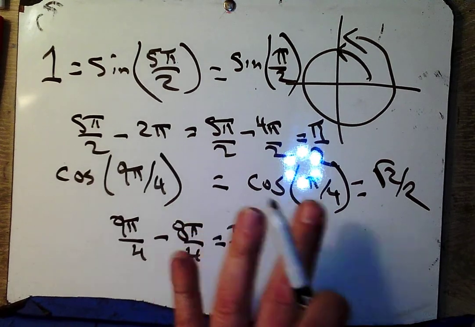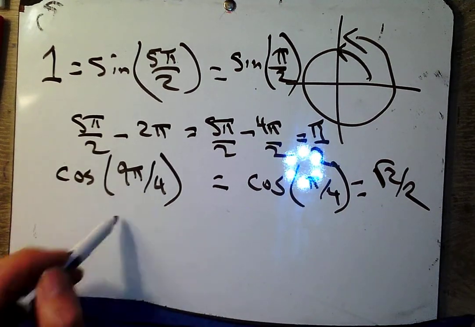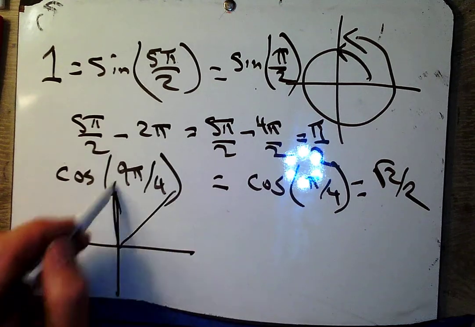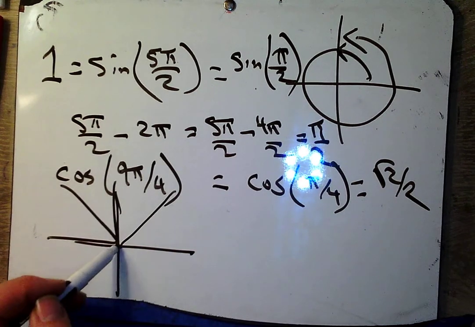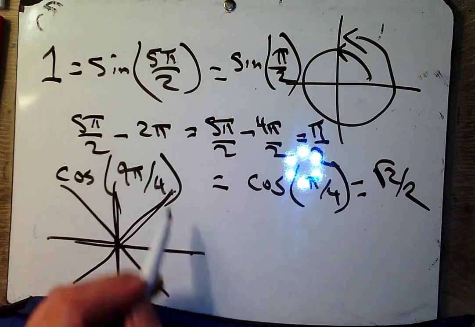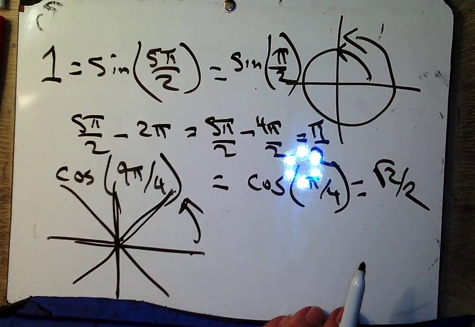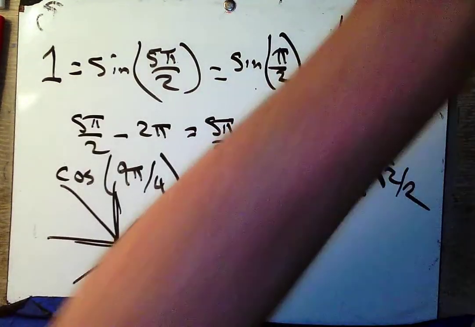The x value at pi over 4 is root 2 over 2. Okay, I mean, I could count them. 1 pi over 4, 2 pi over 4, 3 pi over 4, 4 pi over 4, 5 pi over 4, 6 pi over 4, 7 pi over 4, 8 pi over 4, 9 pi over 4. Gosh, 9 pi over 4 looks just like pi over 4. Okay, so two ways to do those problems.